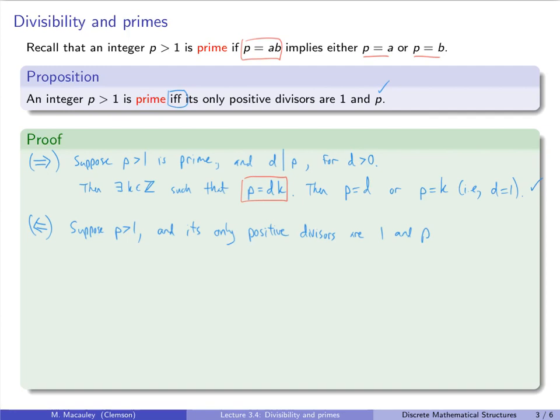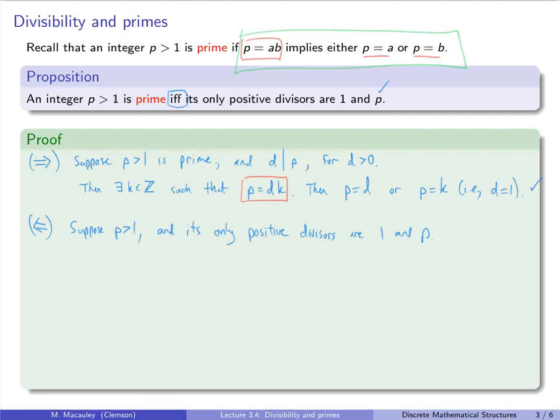So what are we trying to show? We're trying to show p is prime. What does that mean? It means this definition here. So we need to show that.